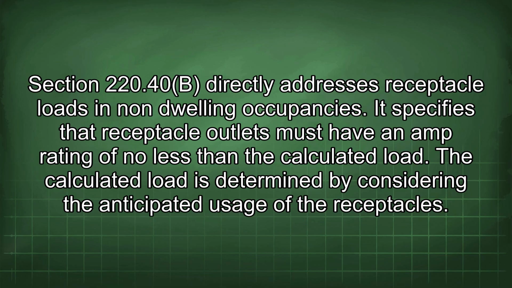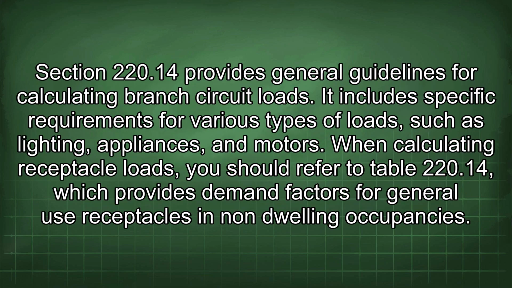Section 220.40(B) directly addresses receptacle loads in non-dwelling occupancies. It specifies that receptacle outlets must have an amp rating of no less than the calculated load. The calculated load is determined by considering the anticipated usage of the receptacles. Section 220.14 provides general guidelines for calculating branch circuit loads.